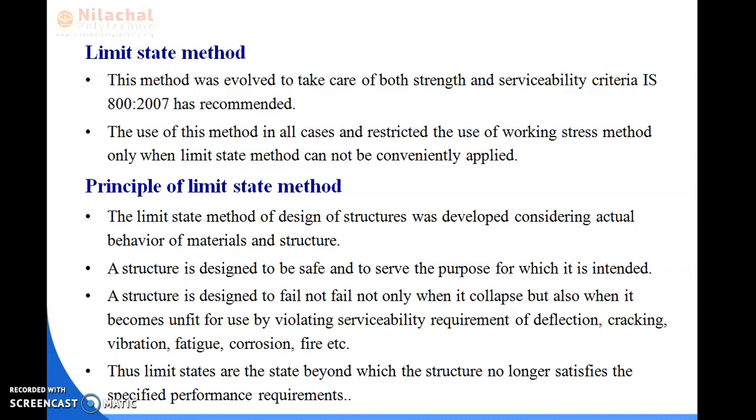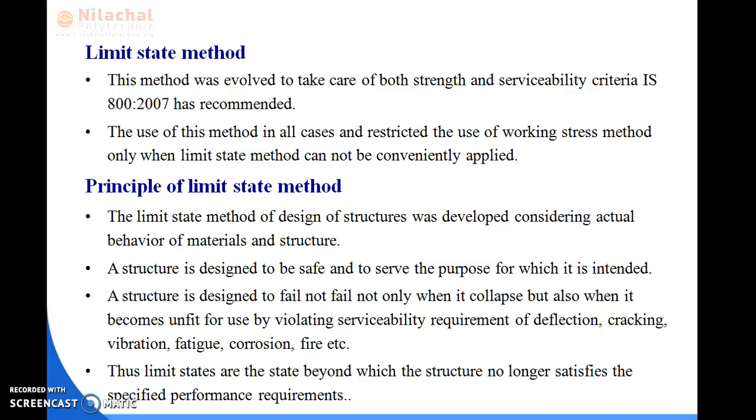The limit state method fulfills all the criteria of the working stress method as well as the ultimate stress method, and the lacuna which comes from the ultimate stress method and working stress method is eliminated in the limit state method, because here we can take into consideration both the strength as well as the serviceability.